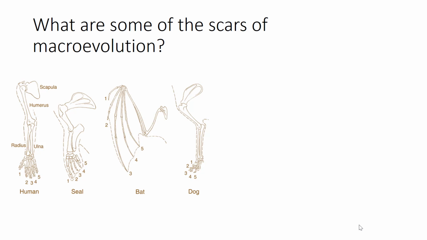Now, what's interesting here is you do have to admit that homologies, and we're going to take the structural definition of a homology, so a structure that may be used for different functions but has a similar internal structure, design, and development, while that does make sense if all of these organisms came from the same ancestor, it makes just as much sense if all of these organisms came from the same designer. You have to remember that there are developmental constraints.